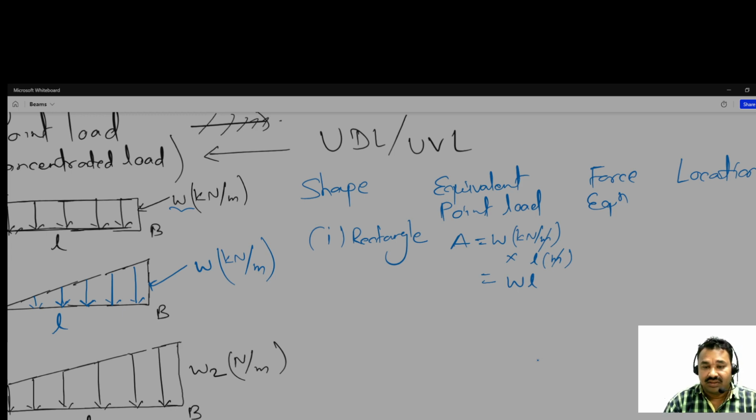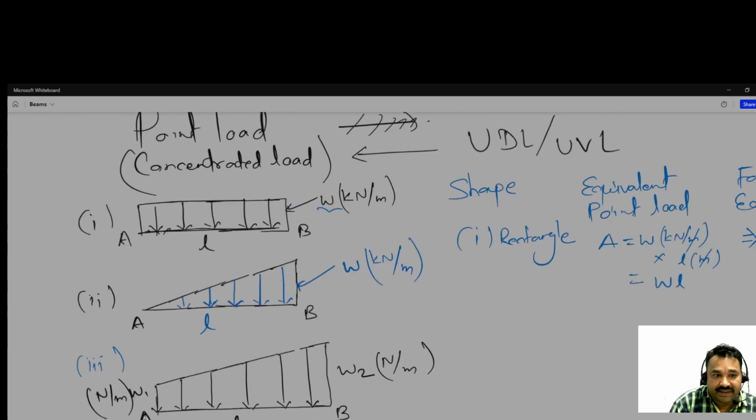So this is the equivalent point load, that is the force equilibrium. We write WL. And where is it located? It is located at L by 2 distance. Because it is a rectangle, the point load will act at the mid.